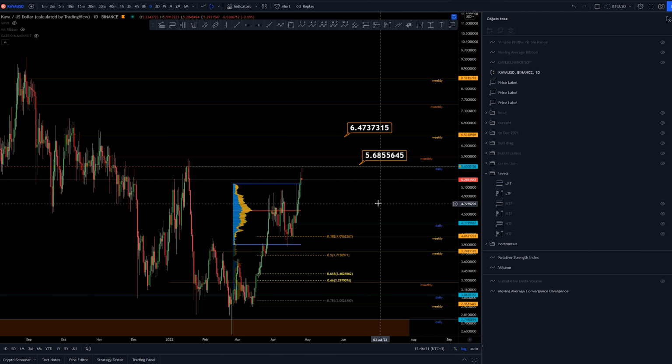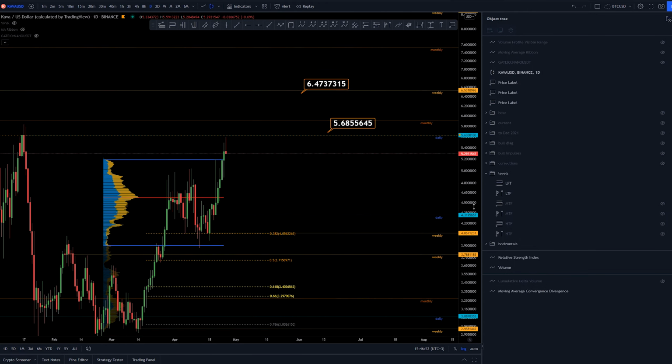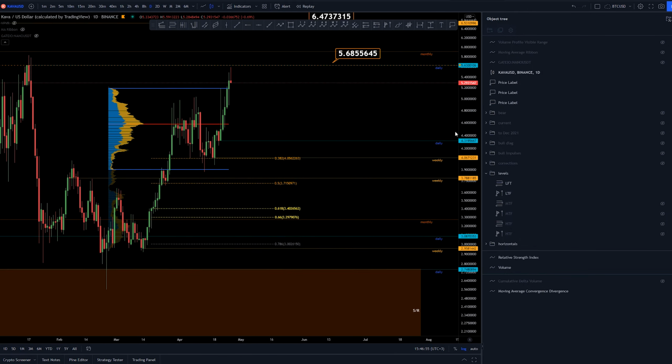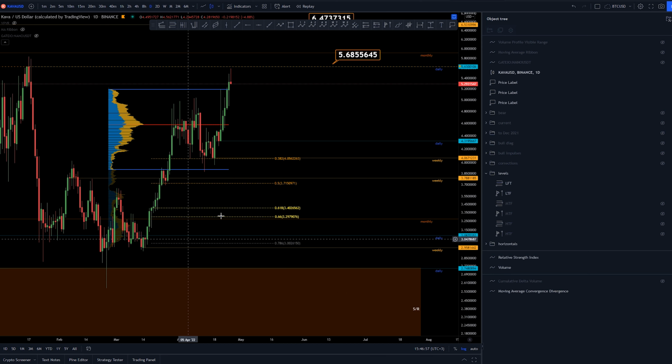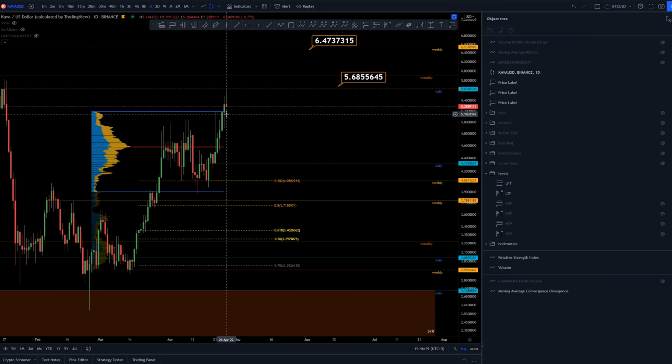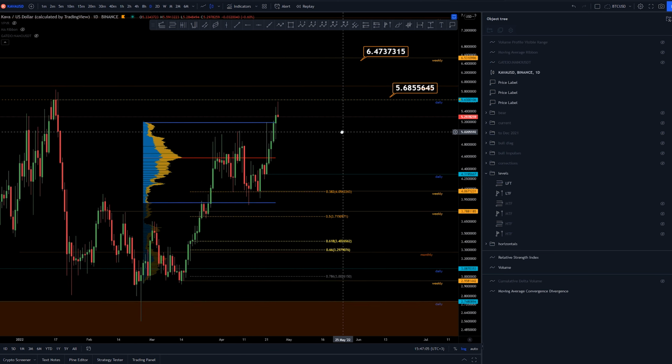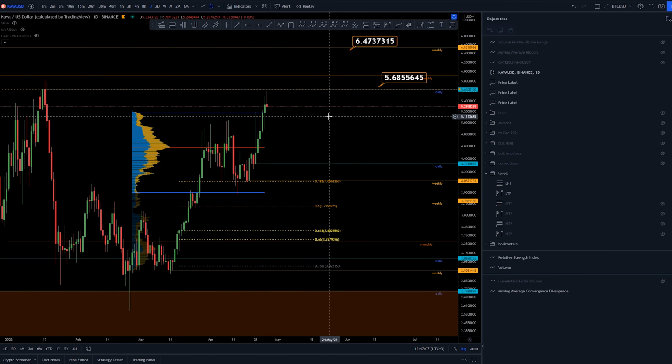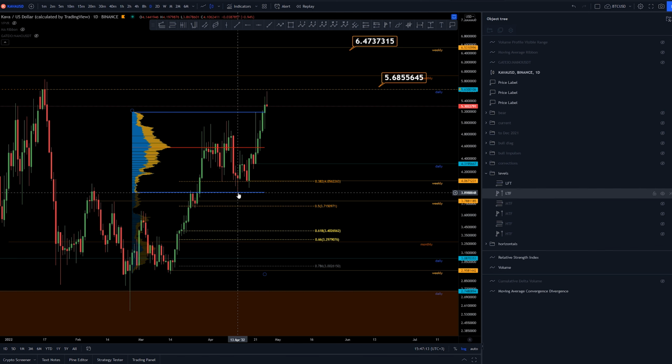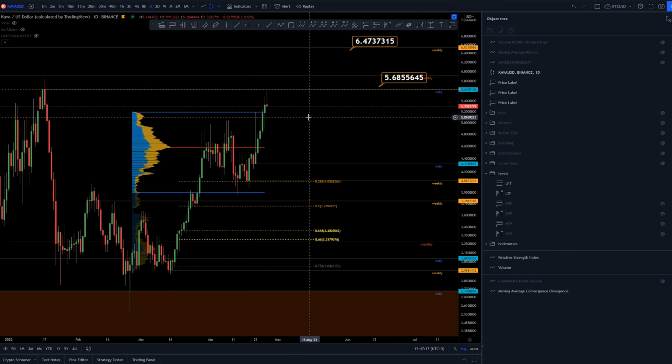Now even lower time frame, let's zoom in a bit closer. Again, this is from the lows of 24th February to current date. Range value area high was already punctured, meaning that this could be a nice upside here. We got a back test of the range value area low here, and after that point we just went straight up.